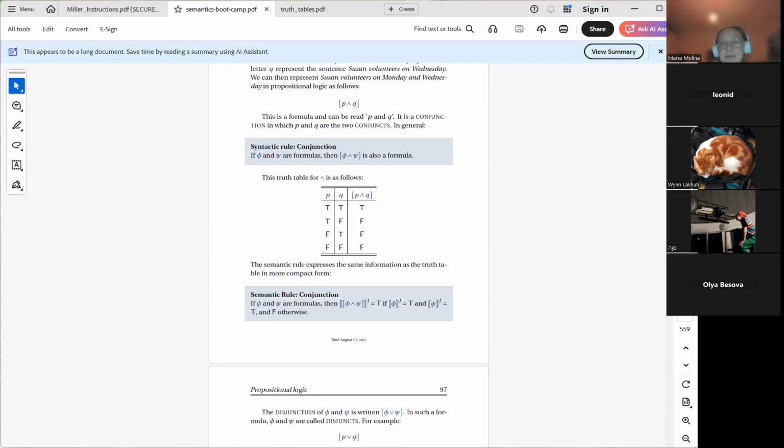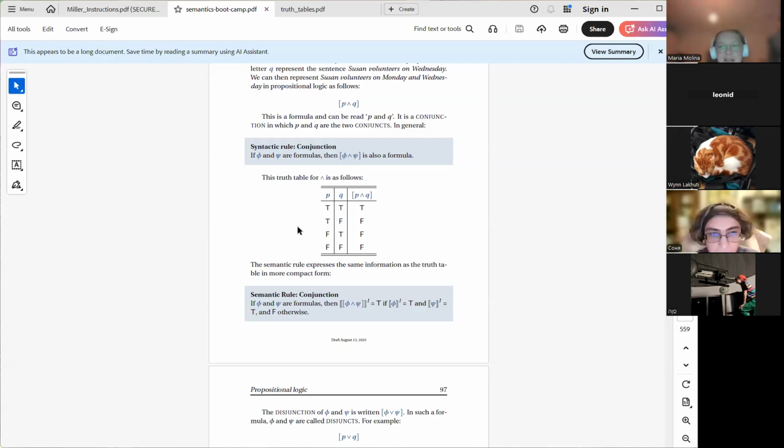A truth table is a table that gives us the interpretation of a formula.